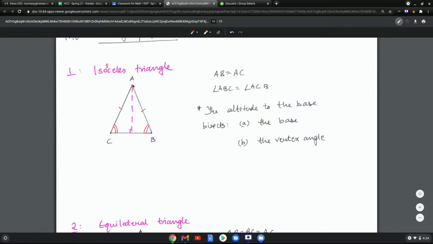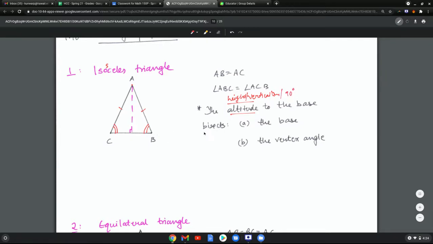Now, if you take this point A and you draw an altitude. Altitude is another word for height, or a vertical line, or something that has 90 degrees.